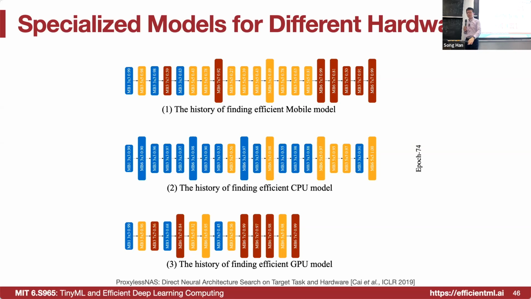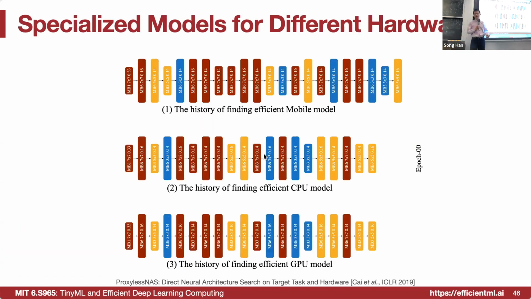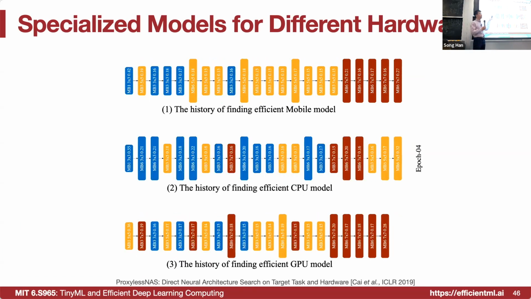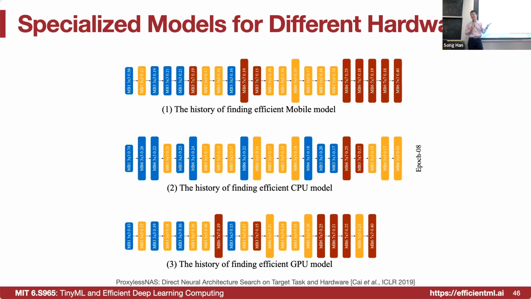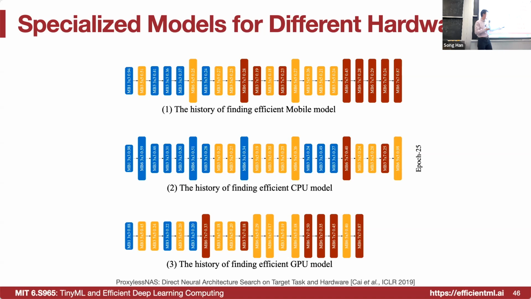But here we are not only training the weights, but also the architecture can change during each training iteration. Okay? And here we find that the GPU model started out pretty deep.